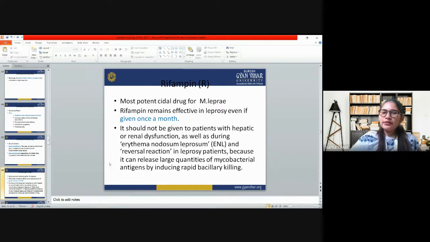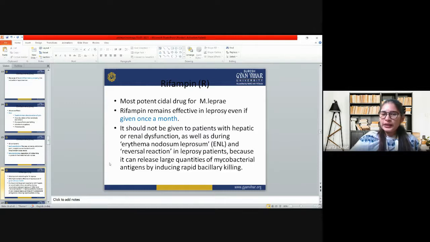Now, next drug we have is rifampicin. It is also used in tuberculosis. It is the most potent cidal drug for M. leprae. Rifampicin remains effective in leprosy even if given only once a month.